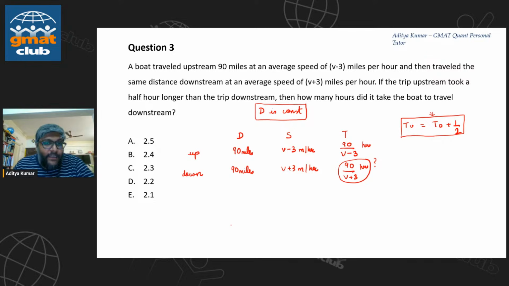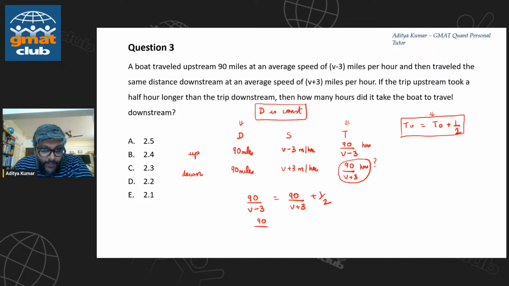Now, like I said, use either the distance column or the time column to set up your algebraic equations. So I know the time upstream is half an hour longer than the time downstream. So I know 90 divided by v minus 3 should be equal to 90 divided by v plus 3 plus half.